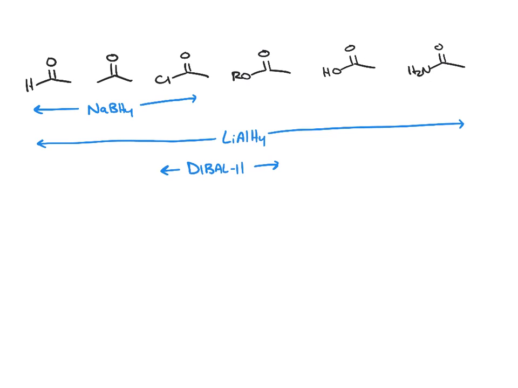Then your Grignard and lithium reagents. So now we're outside of reductions. Those will add to aldehydes and ketones, acid chlorides, esters. Those don't react with amides or carboxylic acids, because of the acidity of this and the lack of reactivity with the amide.